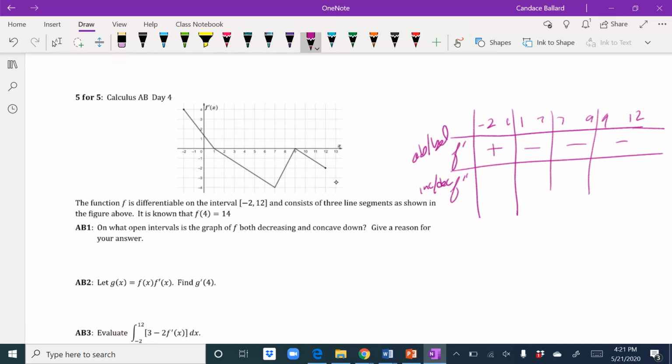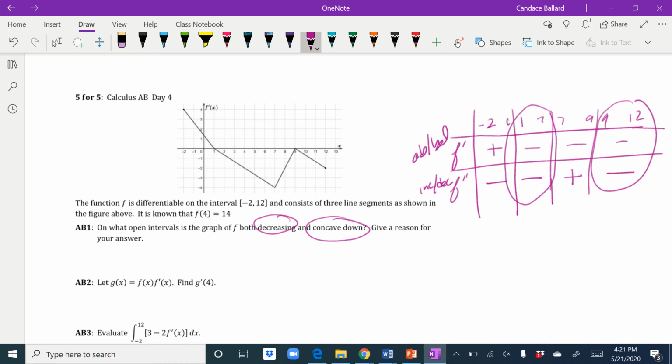So we need to know if it's increasing or decreasing. What's going on first? It's decreasing, and then decreasing, and then increasing, and then increasing, and then decreasing. Okay, so then it said we needed decreasing and concave down. So we want to look for a negative situation. So there's our 2 intervals.